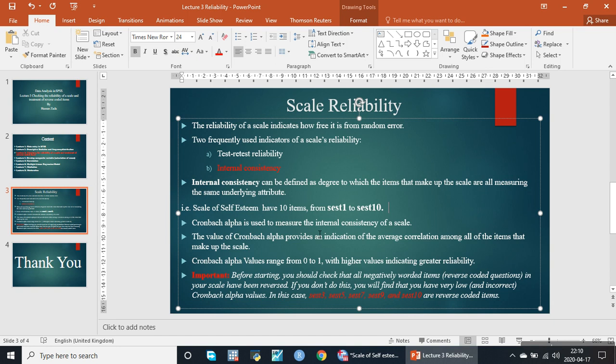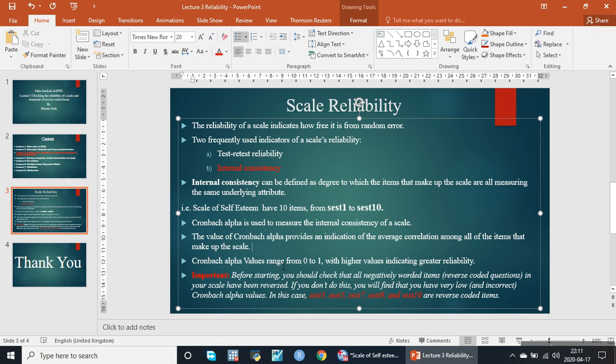Cronbach's alpha is used to measure the internal consistency of a scale. The value of Cronbach's alpha provides an indication of the average correlation among all of the items that make up the scale. For example, if the value of Cronbach's alpha is 0.90, it means that there is 90% relationship among the 10 items of self-esteem.